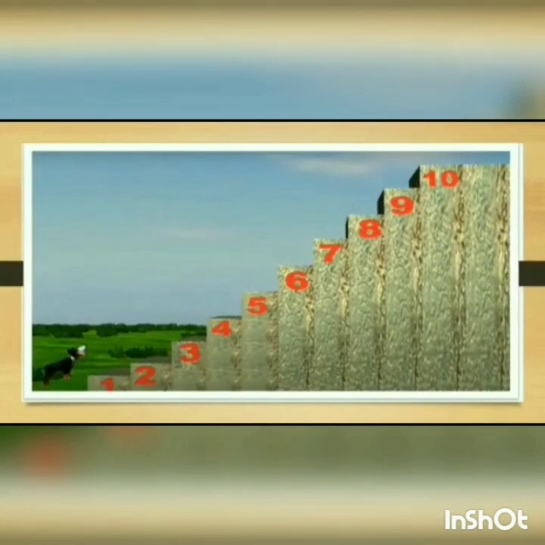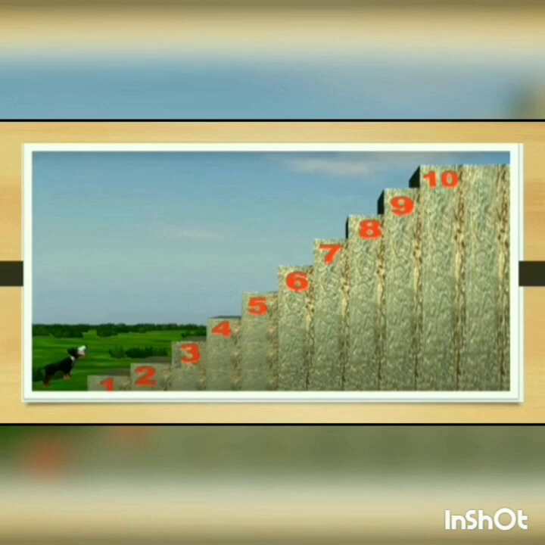In this picture, we are seeing that the dog is climbing from 1 to 10. So that means the dog is climbing from the smallest to the biggest number. Number 2 is bigger than 1. Number 3 is bigger than number 2. Number 4 is bigger than number 3.